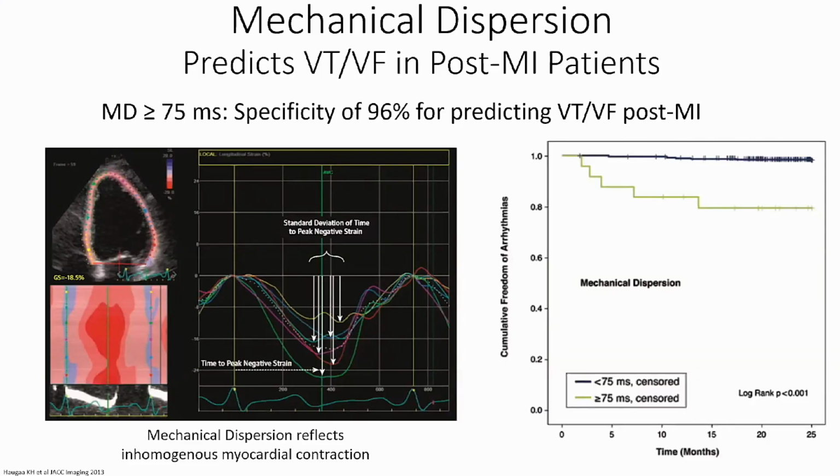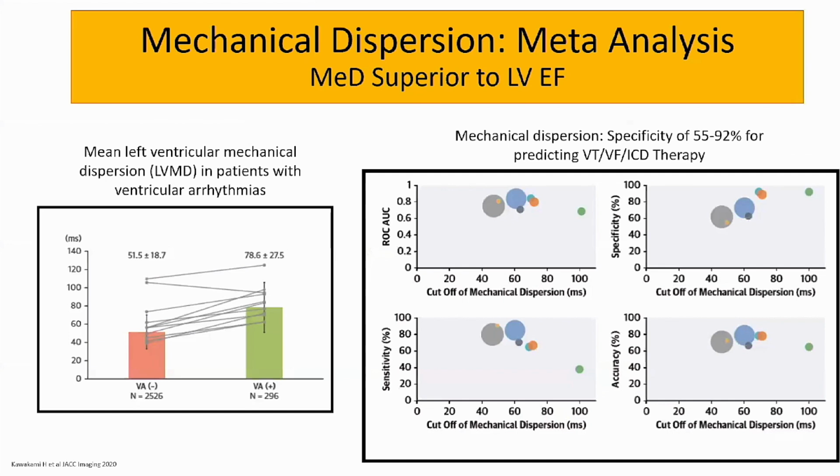Another more recent finding on transthoracic echo in MVP patients is mechanical dispersion. This reflects inhomogeneous myocardial contraction and subclinical myocardial dysfunction. In one particular post-MI study, they showed that a mechanical dispersion greater than 75 milliseconds had a 96% specificity for predicting VT and VF post-MI.